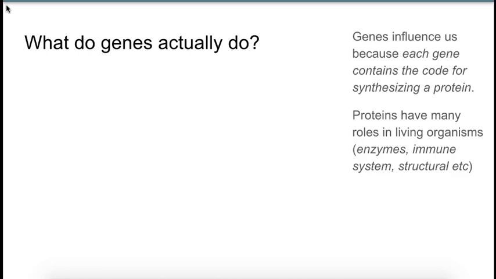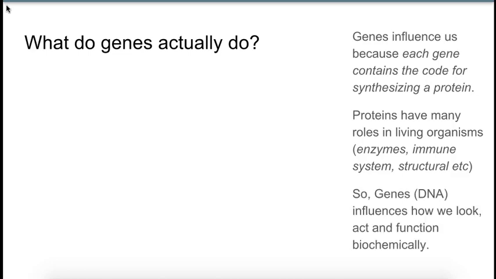They might be heavily involved in the immune system, keeping us healthy. And really, really importantly, they are also enzymes. Now, as you know, enzymes are critical for the biochemical reactions, the metabolism in our body. So essentially, genes make or contain the code for proteins, and proteins determine so much of what we look like, how we act, and how we function biochemically. Basically, genes determine who we are and how we function.